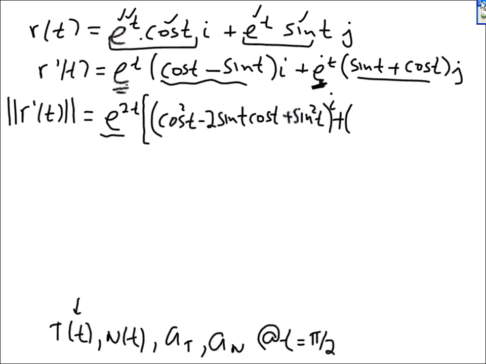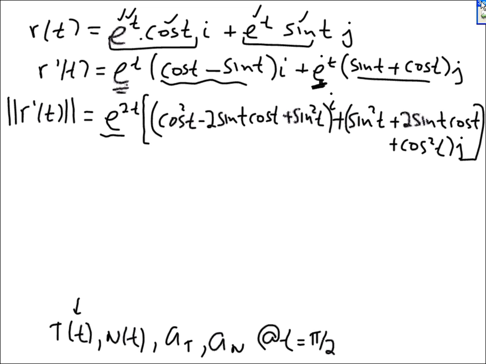Oh, this is in the i direction. Plus sine squared t plus 2 sine t cosine t plus cosine squared t. And that's all in the j direction.